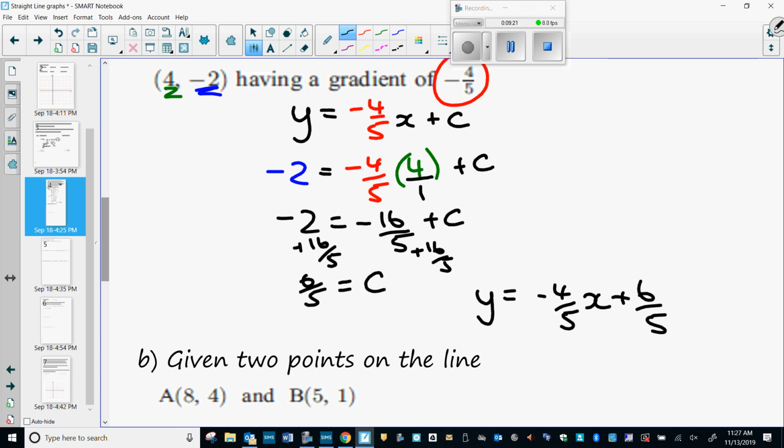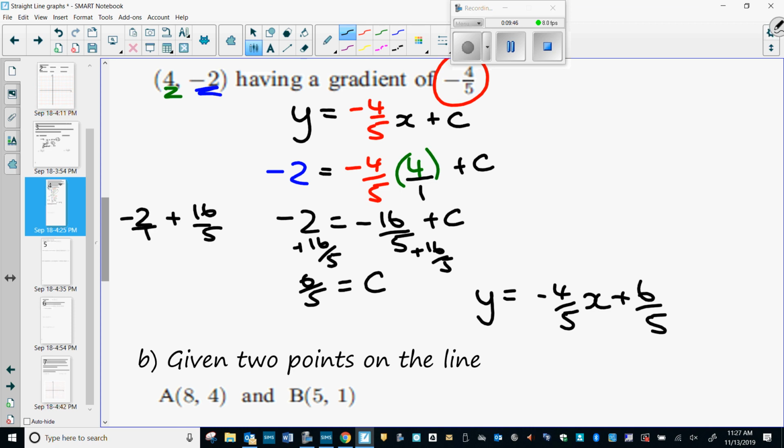How did you get 6/5? You can chuck it in the calc, but if for any reason your calculator's broken, we know that we've got -2 whole ones, and we're adding on 16/5. What's the rule when we add fractions? We need a common denominator. What's my denominator currently? 1.